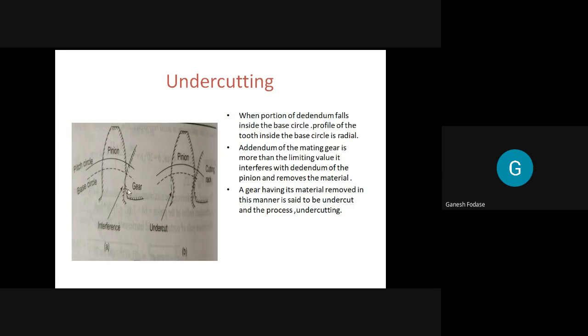Now what happens during interference: the material below the base circle, meaning the non-involute portion, gets removed. When this material is cut, that is called undercut, and the whole process is called undercutting. So due to interference, there will be undercutting. I hope you understand the basics of interference and undercutting, why there is interference and what happens due to it.